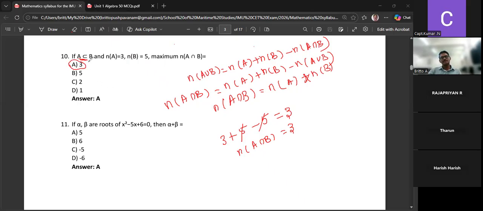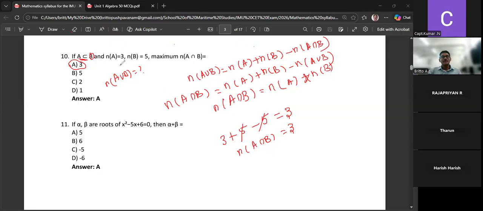Sometimes if it is not given that A is a subset, they are supposed to give A union B. N of A union B is equal to something, and you can use this one. Here they are given that A contains B, so B is the maximum set, a superset.